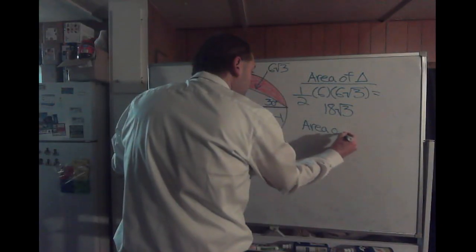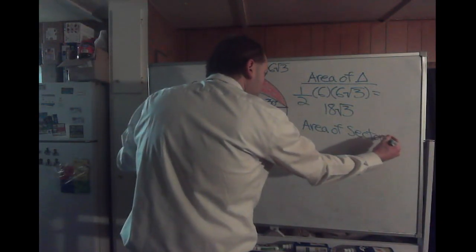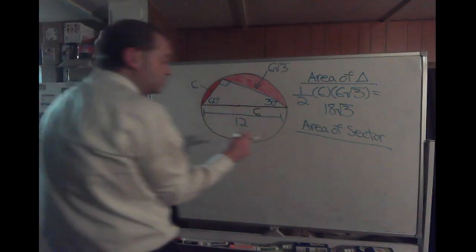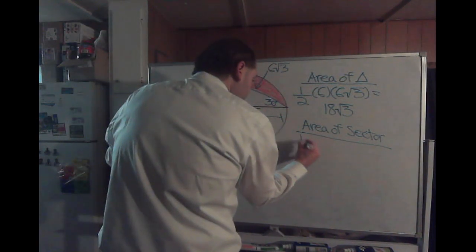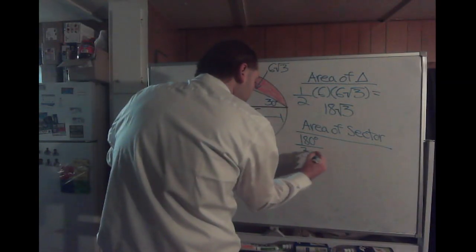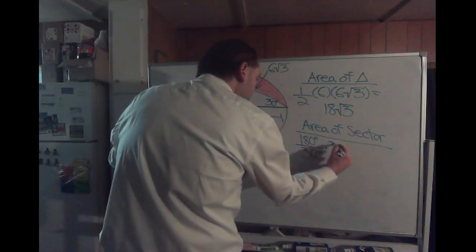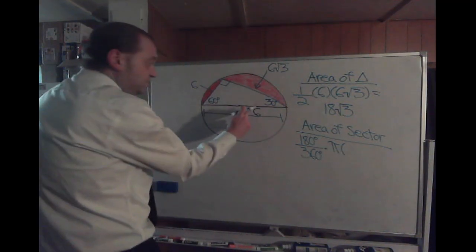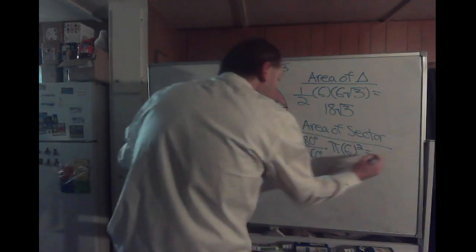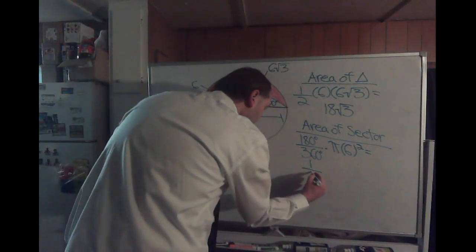The area of the sector is, of course, this is a 180-degree sector. So it's going to be 180 degrees out of 360 degrees times pi times that radius of 6 to the second power, which 180 out of 360, that's 1/2.